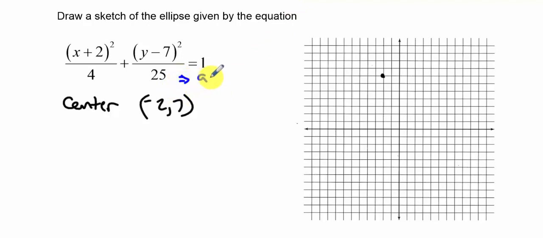In this case, a is equal to 5 and b is equal to 2. So if I go up 5 and down 5, these are my vertices, and my co-vertices will be over 2 in each direction. And then kind of connect the dots in an arcing pattern, and it'll be a sketch. Obviously, it doesn't have to be perfect, of an ellipse.